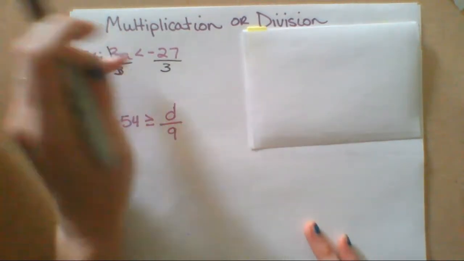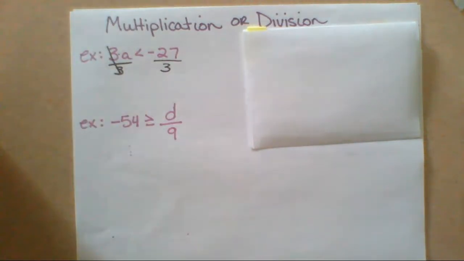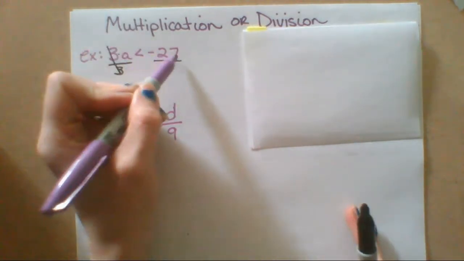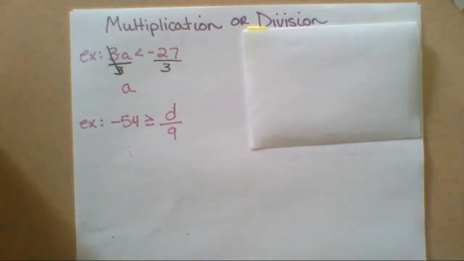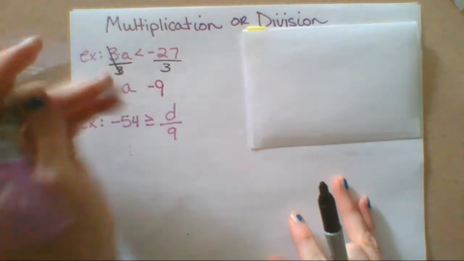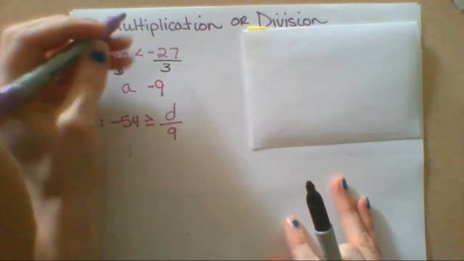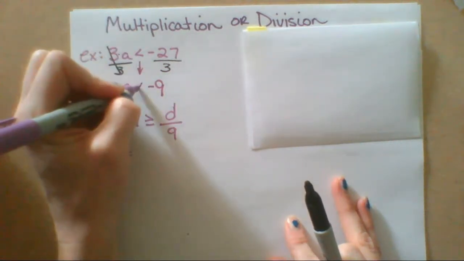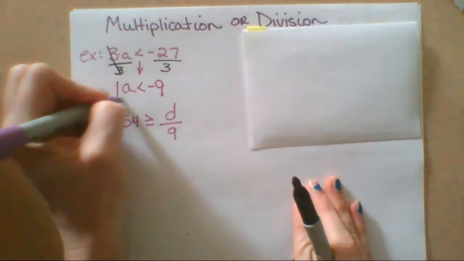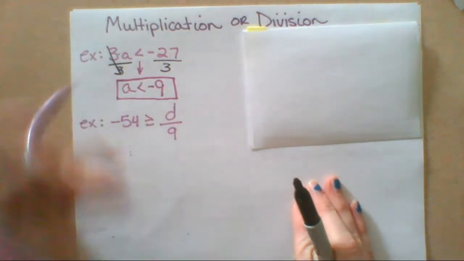We get 1 times a, which all day, every day is a. And then -27 divided by 3 is going to be -9. The inequality statement just falls down, and there is that one. A is less than -9.